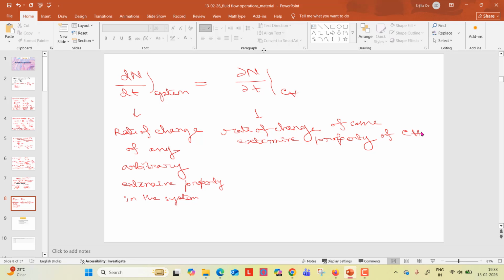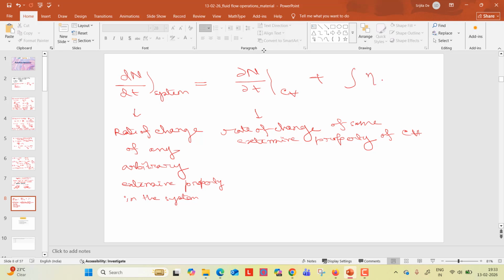So to calculate the rate of change of any arbitrary extensive property in a whole system, we first consider the rate of change of that same property in our interested region, that is our control volume, right? And plus the net flow rate of the same property through the control surface.